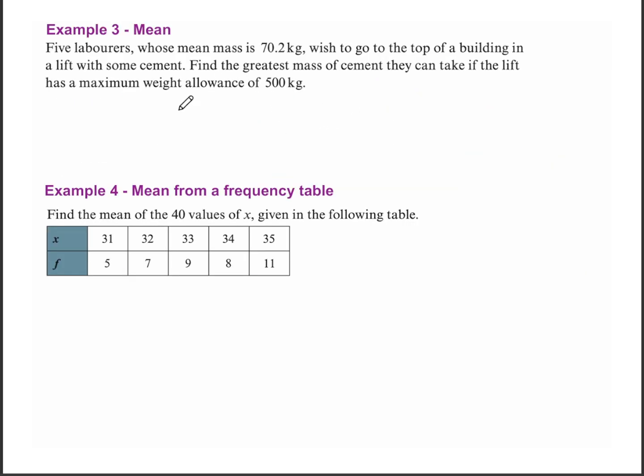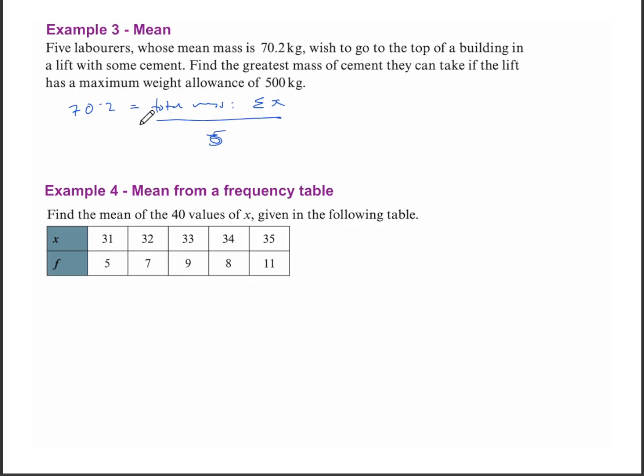Let's move on to examples. 5 laborers whose mean mass is 70.2 kilograms wish to go to the top of a building in a lift with some cement. Find the greatest mass of cement they can take if the lift has a maximum weight allowance of 500 kilograms. So if they have 5 with a mean mass of 70.2, that means 70.2 is equal to the sum of all the masses divided by 5, because you have 5 people.